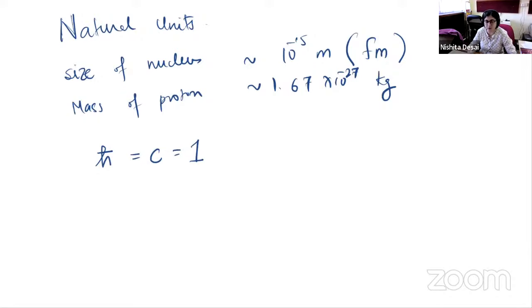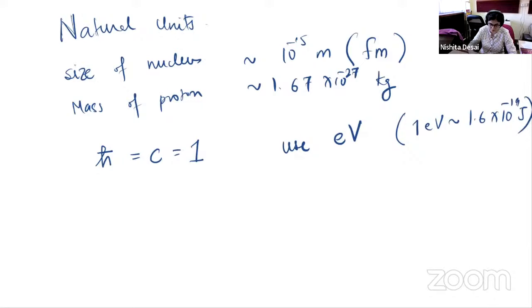And we choose to describe everything in terms of electron volts, which you will remember is the energy that an electron gains when it is accelerated through a potential difference of 1 volt. Okay, so we know that 1 electron volt is about 1.6 times 10 to the minus 19 joules. So it's a tiny, tiny amount of energy, but this is the right energy scale for talking about what we want to talk about. Okay?